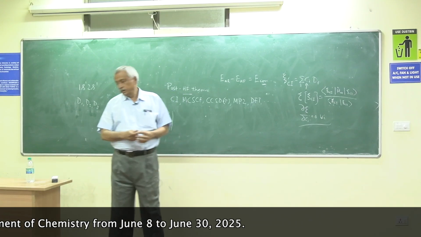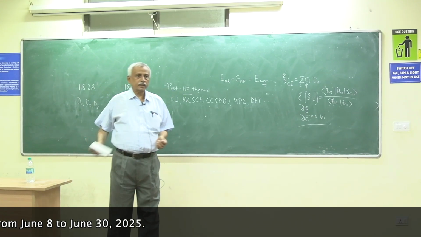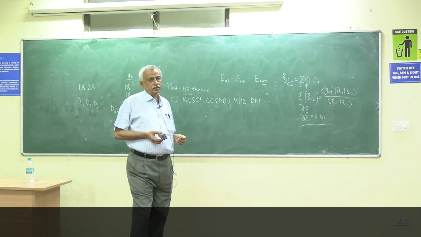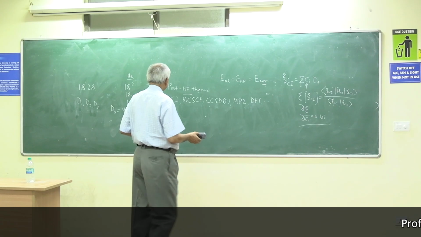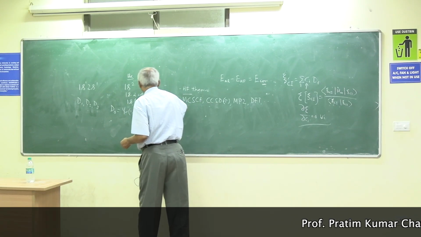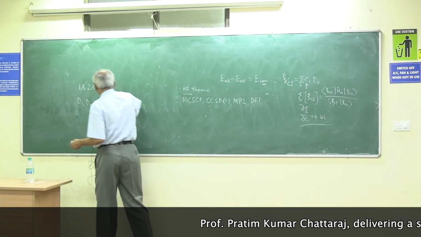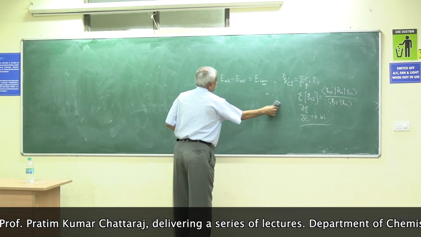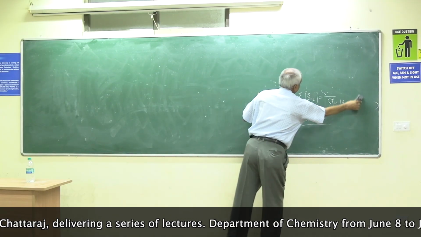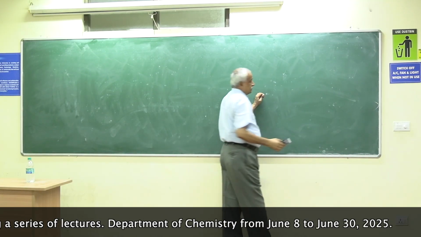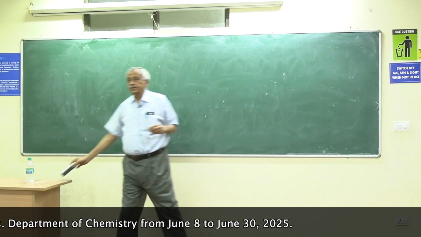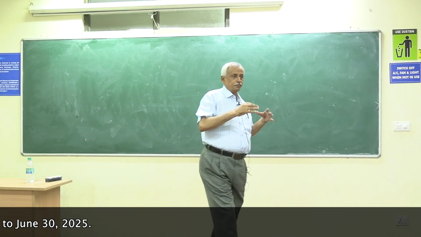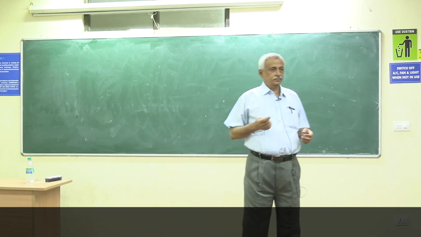So now I will tell you, at least in the simplest possible way, how we can understand exchange and correlation. Sometimes the exchange is called Fermi correlation, and simple correlation is called Coulomb correlation.